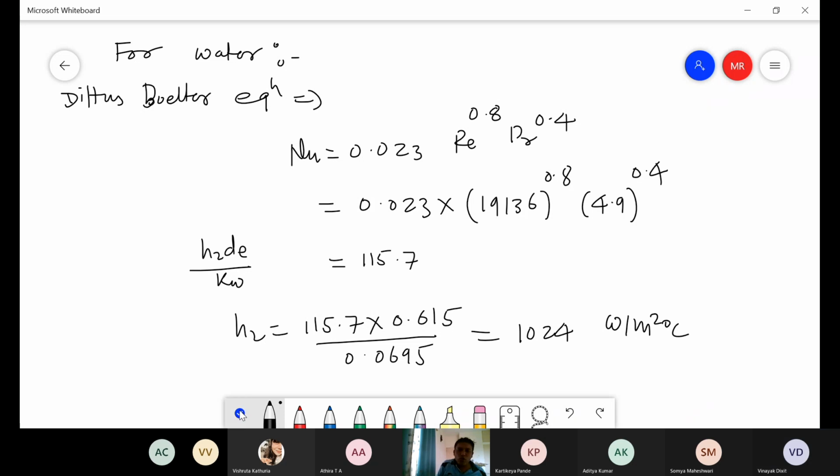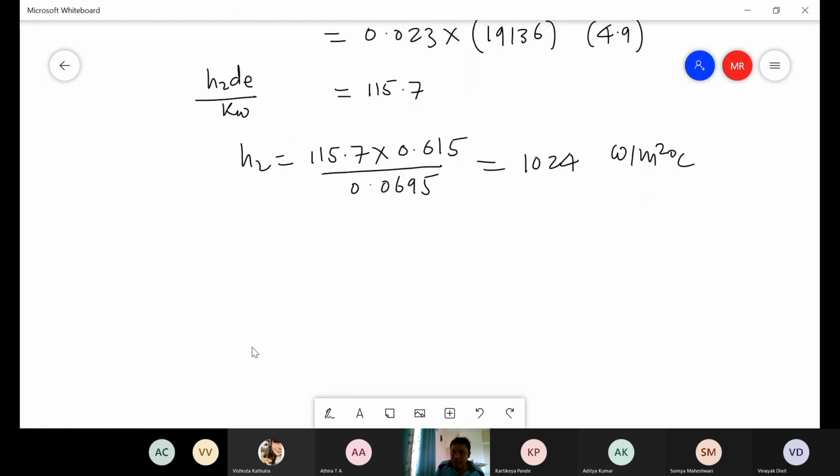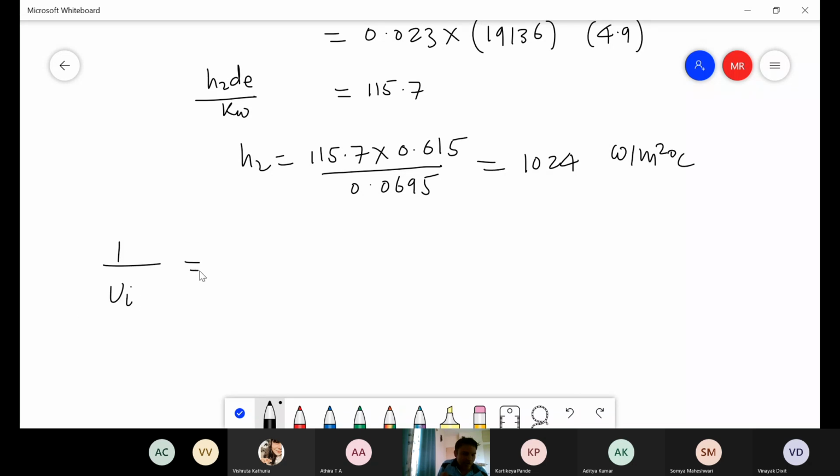Now we have to calculate the overall heat transfer coefficient based on this, because we wanted to calculate the heat transfer area, isn't it? So before that we have to calculate the overall heat transfer coefficient. Let us define it in terms of the internal surface area. That is given as 1 upon 1/hi plus Di by Do into 1/ho, isn't it?